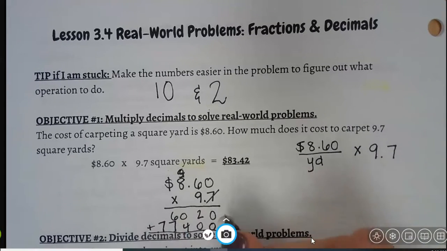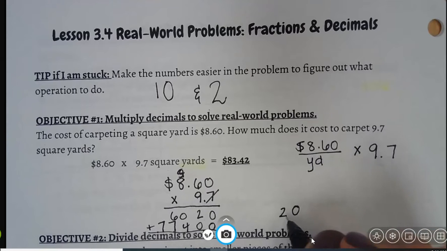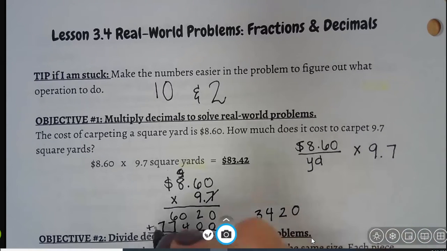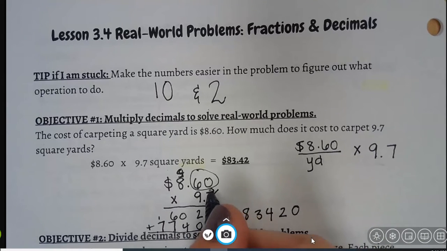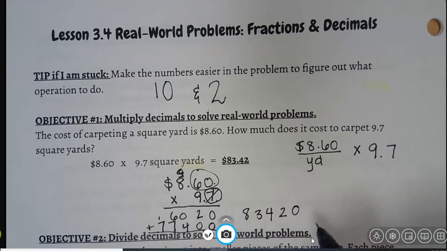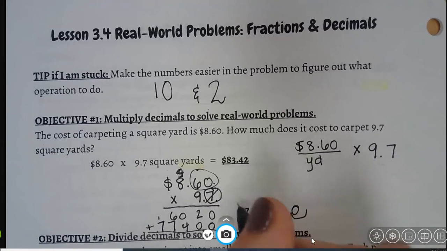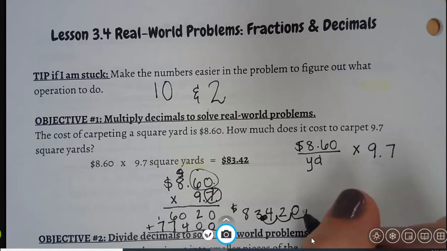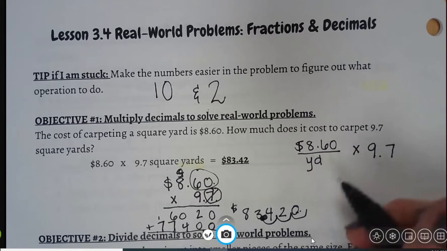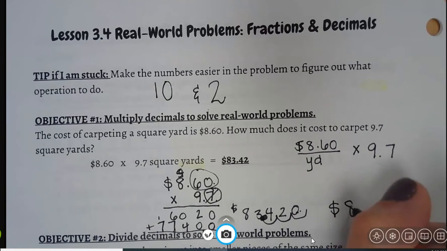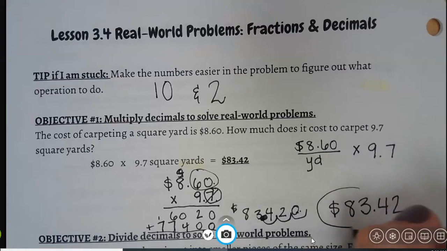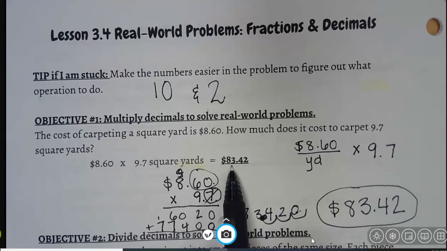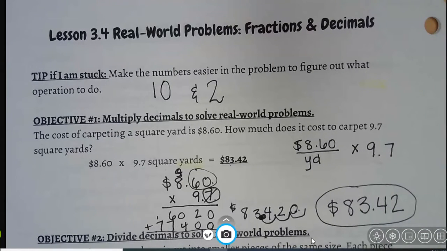Then you add these. And then I have 2 decimal places here and 1 here. So 2 plus 1 is 3. So I go 1, 2, 3 decimal places in, and I get $83.42. I cannot leave that 0 on there if I'm going to write in the proper form of money. So I would write $83.42. You can see that that matches the answer that was given to you there.